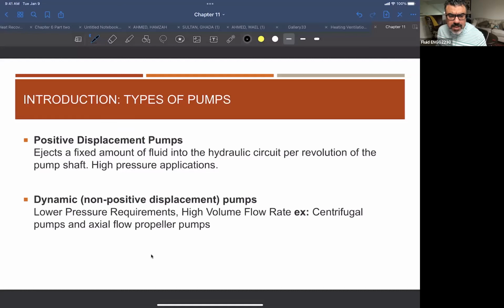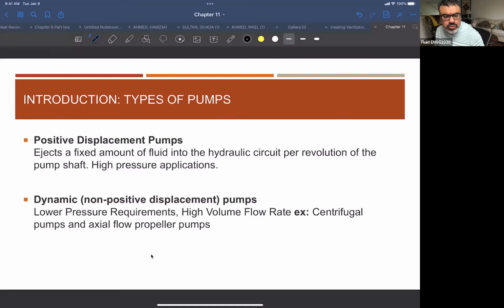Positive displacement pumps are used when you need very high pressure, like in hydraulic systems or hydraulic circuits used for cranes and lifting very heavy loads. We always use positive displacement pumps there.